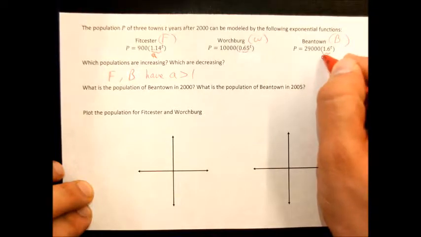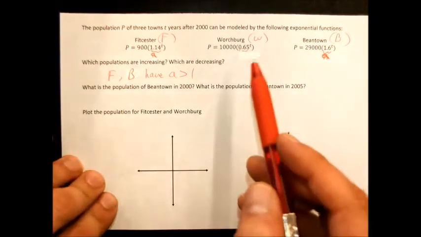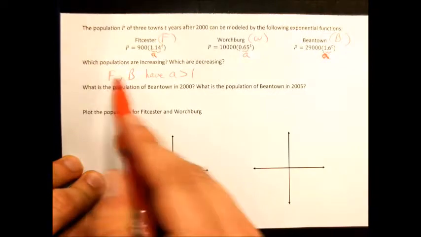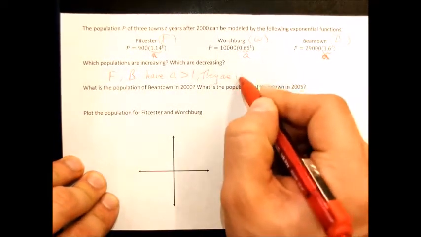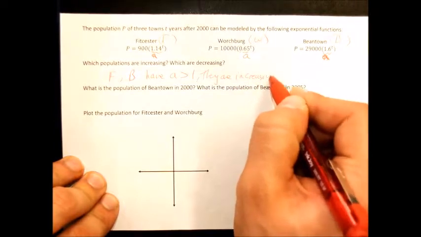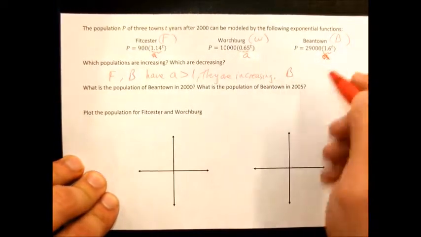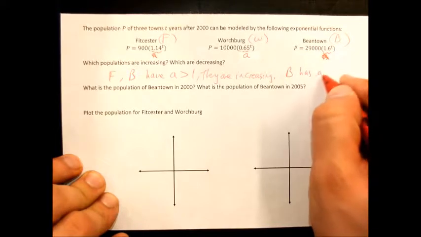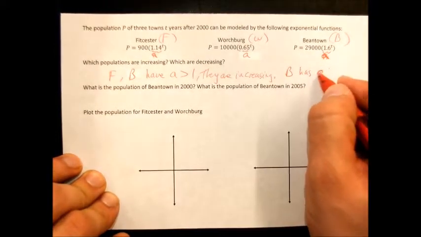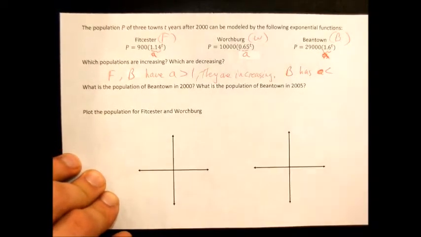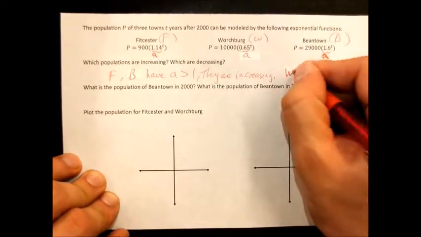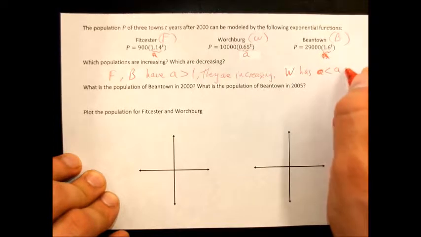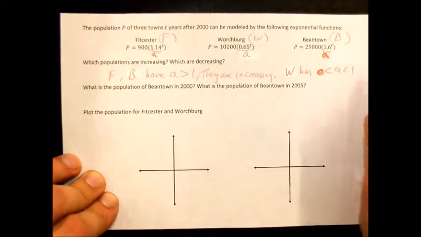And this one's also the A. And so since those have an A bigger than 1, they are increasing. And then Beantown has an A that's between 0 and 1. My goodness, Wartburg, thank you. Wartburg has an A that's between 0 and 1. And so it's decreasing.